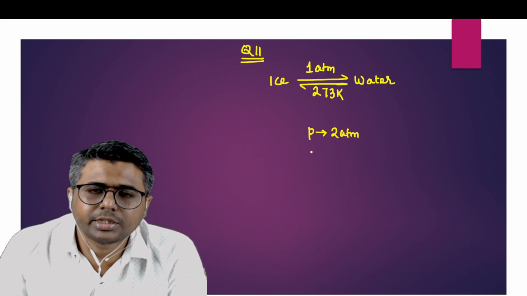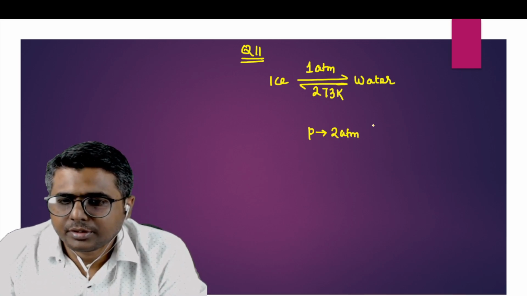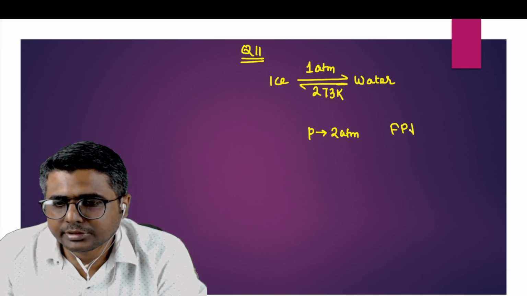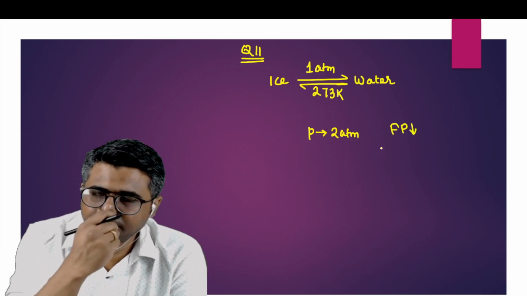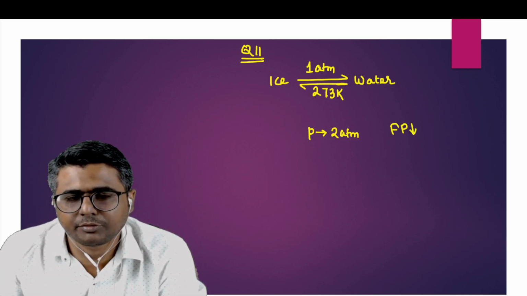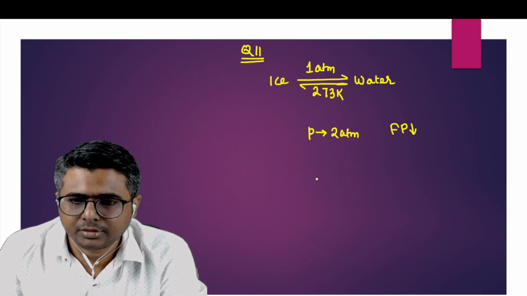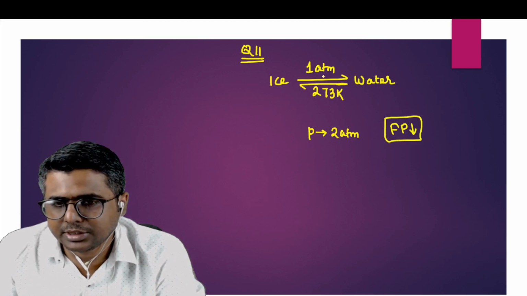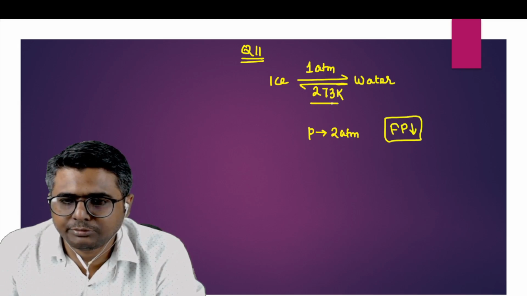So, whenever pressure is increased, the freezing point of water decreases. Previously at 1 atmosphere, when you are maintaining 273 Kelvin, ice and water remain in equilibrium.